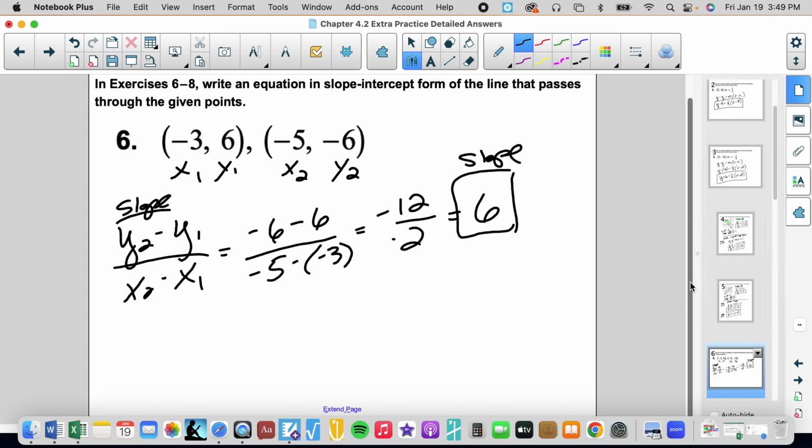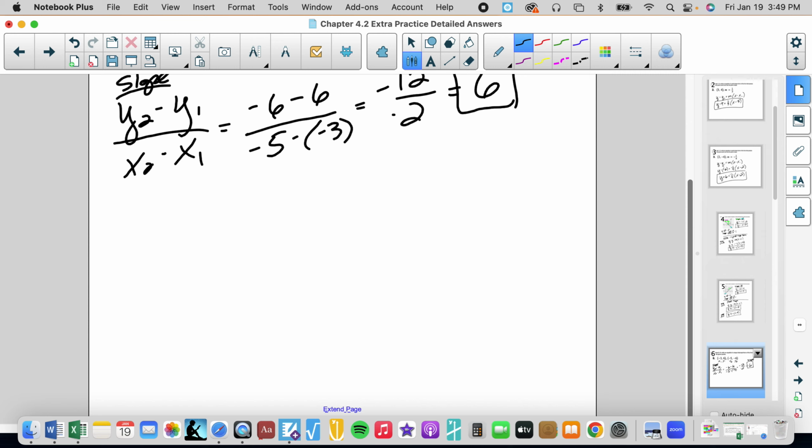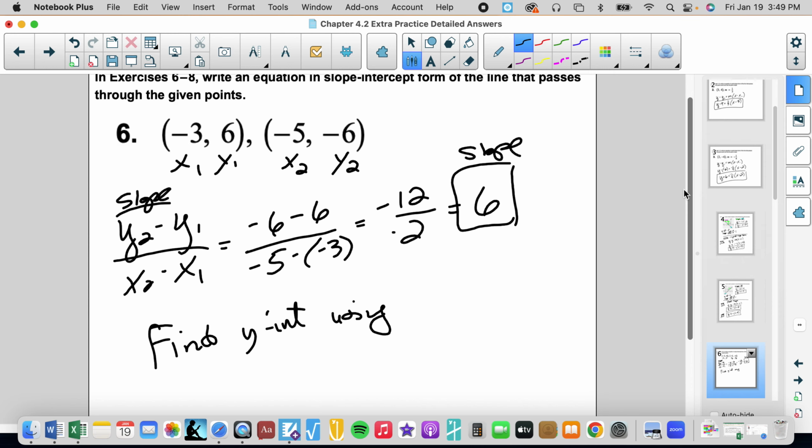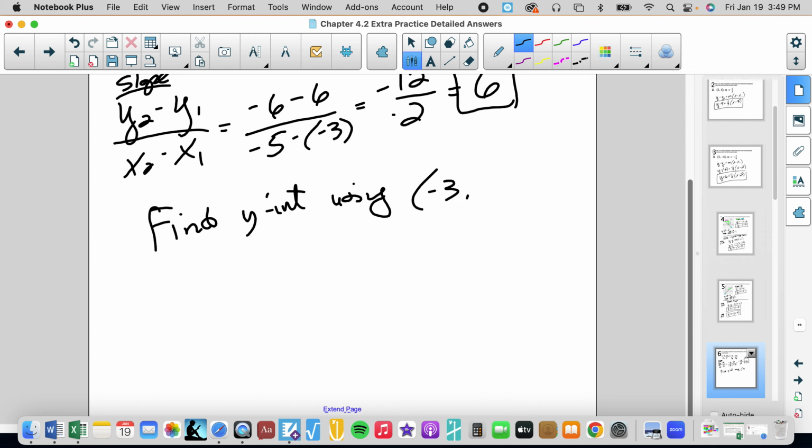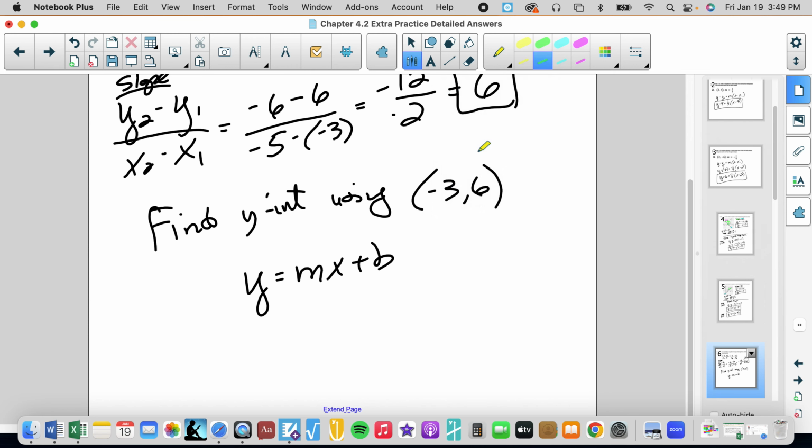They didn't give me the freebie y-intercept. So I'm going to have to find the y-intercept using what point? Let's take negative 3, 6. So we have the template y equals mx plus b. Let's fill in what we know. We know the slope and we know a point. We know the slope, which is going to be m, and then we know a point, which is going to go in for x and y.